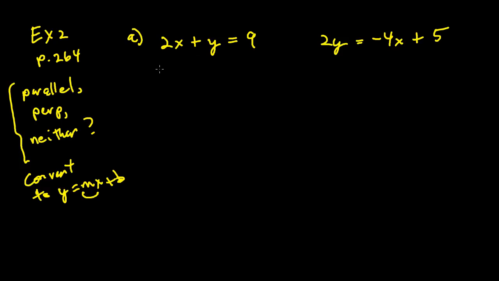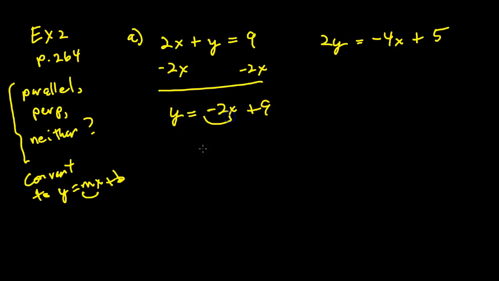So converting on this first one, I'm going to subtract 2x from both sides. I'll get y equals minus 2x plus 9. And right away I know the line here has a slope of minus 2. I'll then compare that to the slope of the second line. Well, here, to solve for y, I'll need to divide both sides by 2.